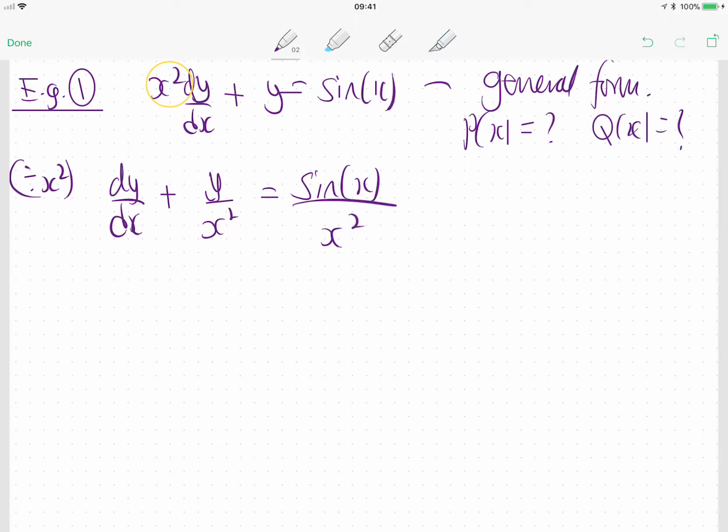Well, we don't want the y and the x all mixed up in here. We want to separate the y, put that on the left, and all the x's on the right. So I'm just going to rewrite this in a more convenient form. I'm going to put 1 over x squared in front of the y.